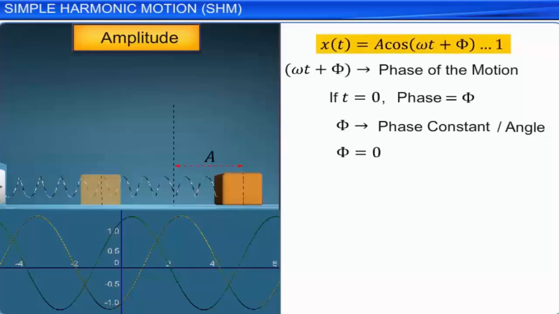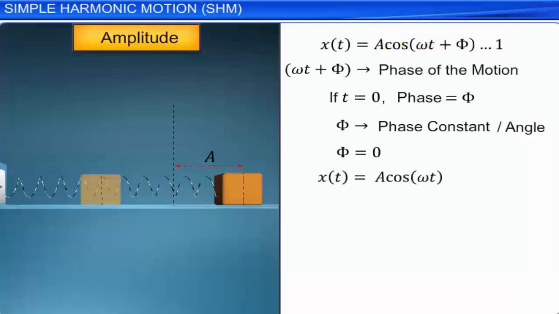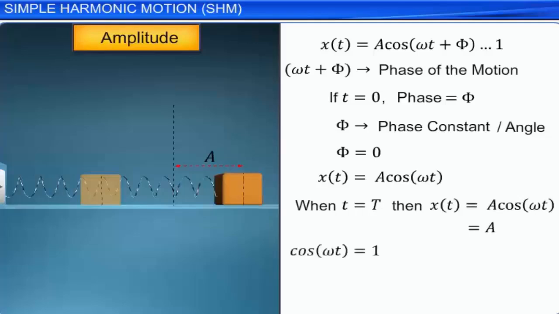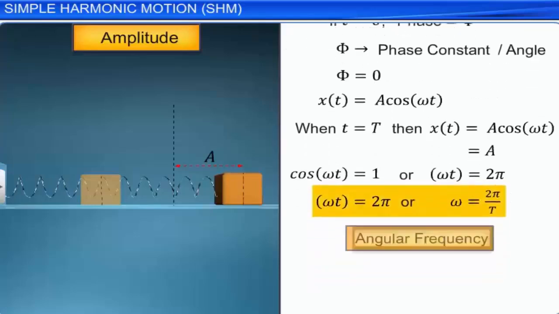We saw that when time t becomes equal to the time period T, the displacement x becomes equal to A. This implies that cos ωt is equal to 1, or ωt is equal to 2π. Then, ω is equal to 2π by T. This ω is called the angular frequency of the simple harmonic motion, and its SI unit is radian per second.